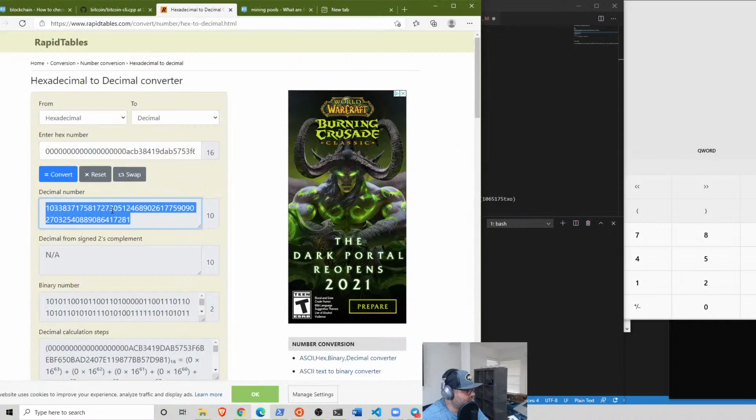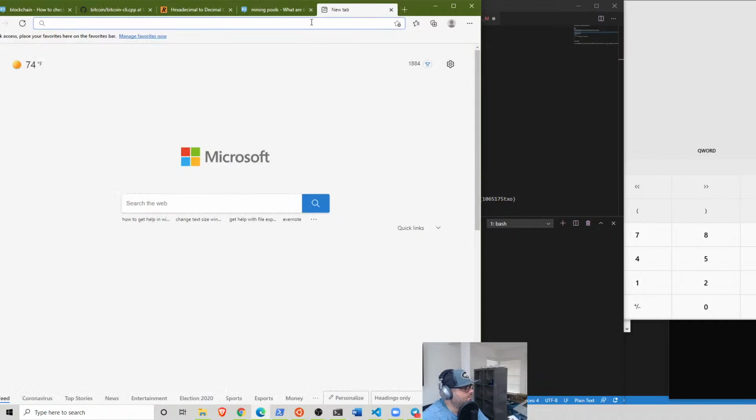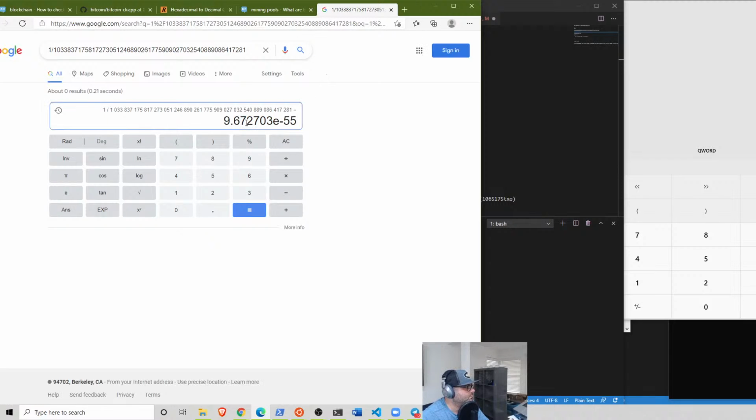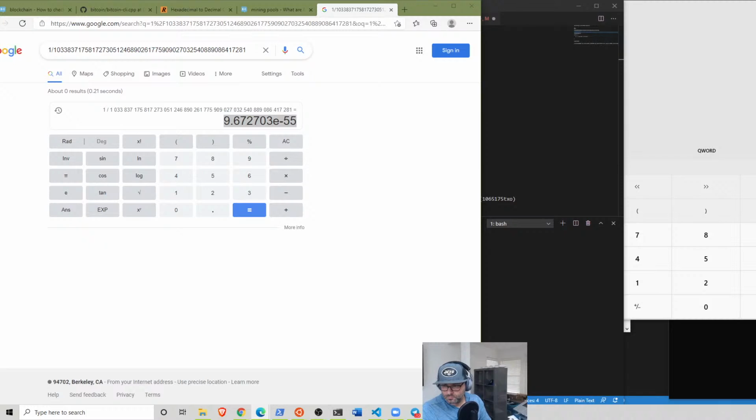And I don't know how to read scientific notation, is that it? How to read scientific notation. Ten to the 2 means 7 times, so it's e to the negative 55.